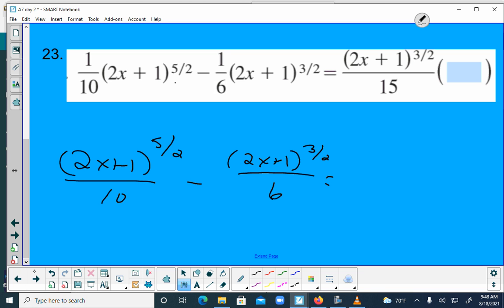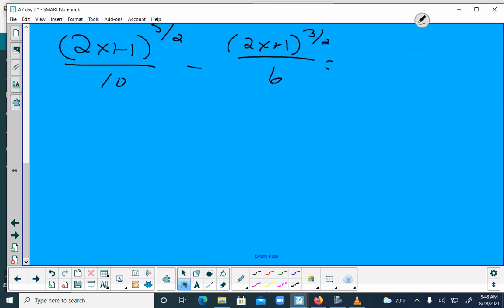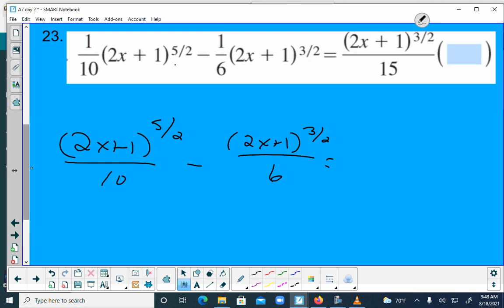When I go to do this, in order to combine two fractions, because right now I have two fractions, one with a denominator of 10, one with a denominator of 6, I have to have a common denominator. B, what would my common denominator be? What's the lowest number that both 10 and 6 will go into? I know you're looking at the other side and you're trying to make it 15, but 15 is not it. 30.